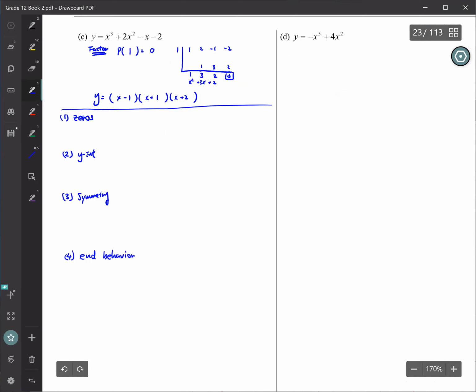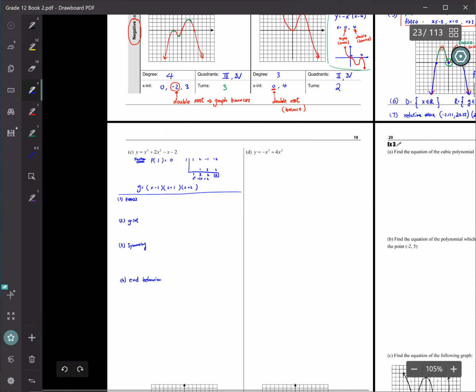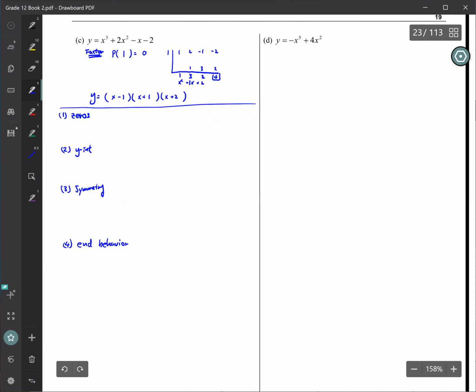Behavior means the ending of the graph, so that's talking about the arrows. And then number 5 is above and below the x-axis.